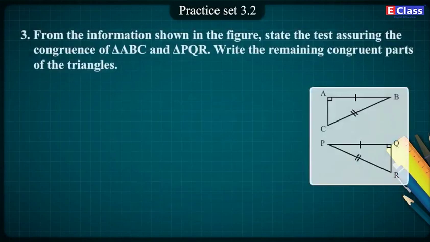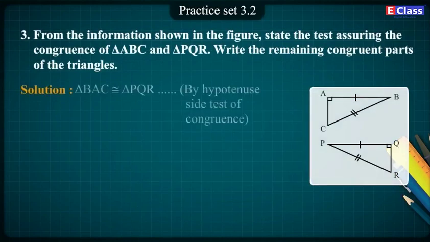Question number 3. From the information shown in the figure, state the test assuring the congruence of triangle ABC and triangle PQR. Write the remaining congruent parts of the triangles. Solution. Triangle BAC is congruent to triangle PQR by hypotenuse side test of congruence.